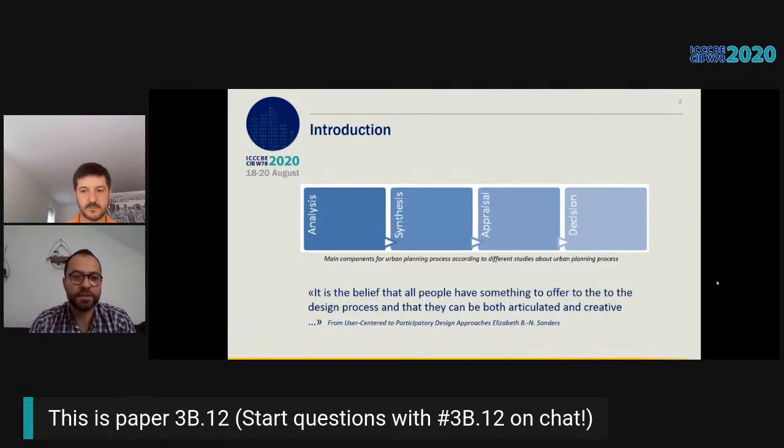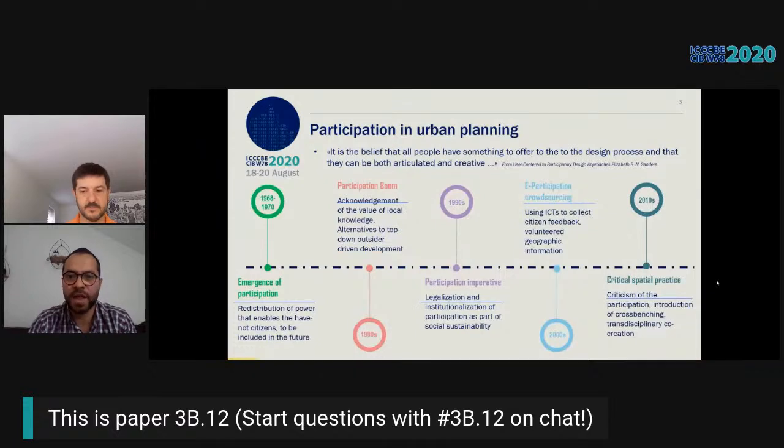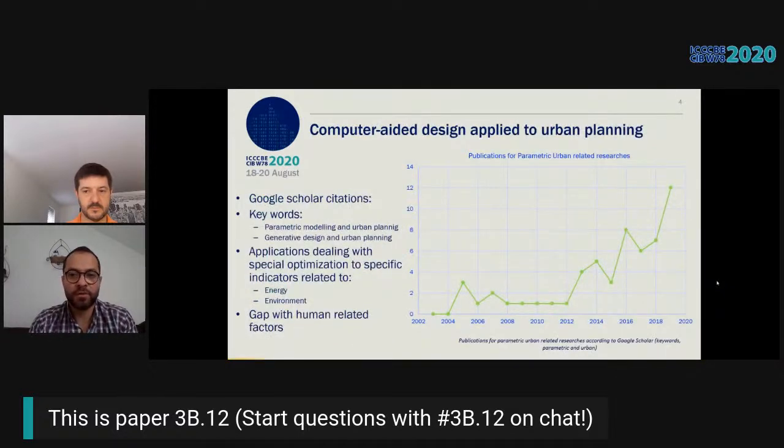The urban planning process is developed according to different stages, and there is a belief that we should include participation and engage the citizen in the urban planning, which has already started since the 60s, where we see different waves of participation in the design process of urban planning, engaging the end users and citizens in the design process.